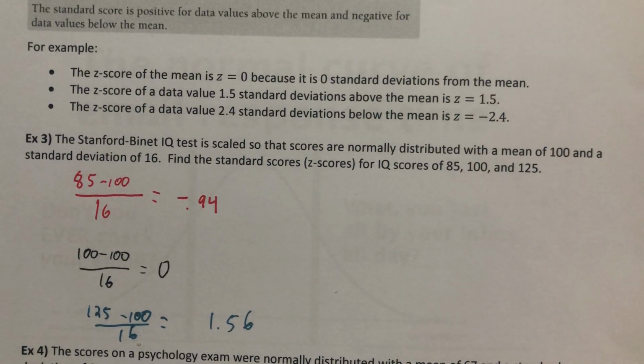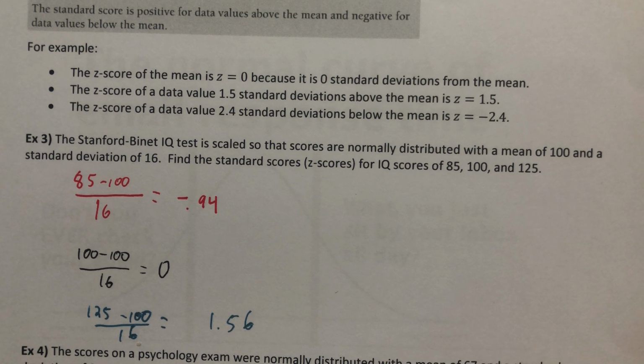All right, so IQ, normally distributed, has a mean of 100 and a standard deviation of 16. We're going to find the z-scores for 85, 100, and 125. To find the z-score for 85, we would take 85 minus 100.